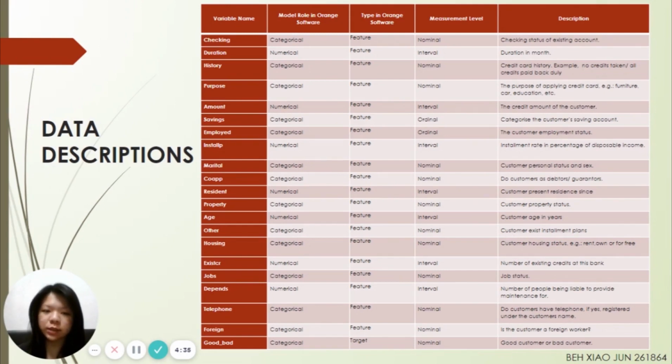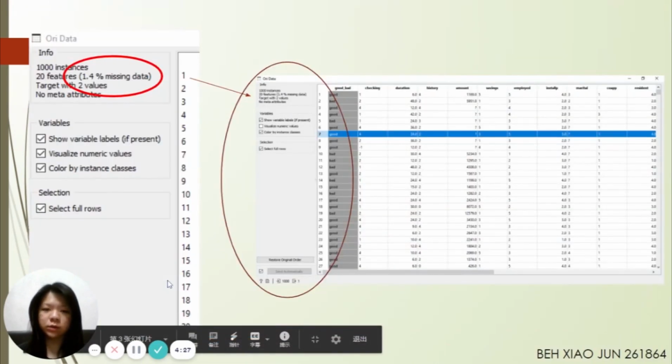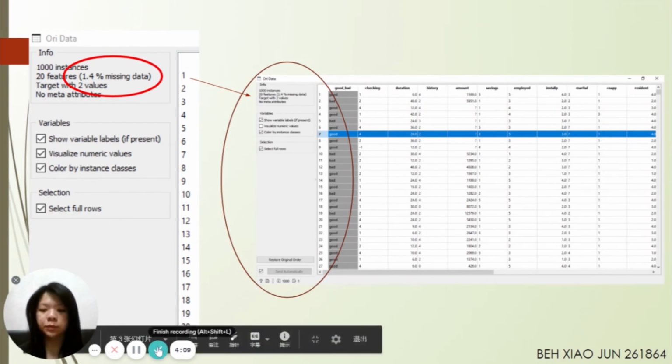In this dataset, there are 20 attributes with 7 numerical and 13 categorical. We found there is some missing data in the dataset. From the information, we can see that there are 1,000 instances in the dataset, while 1.4% of it is missing data. So we proceeded to the pre-processing stage to overcome this problem.